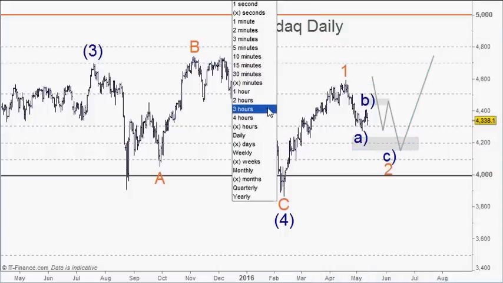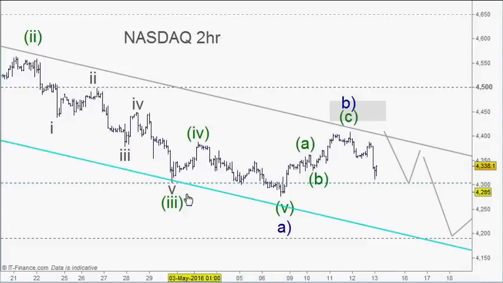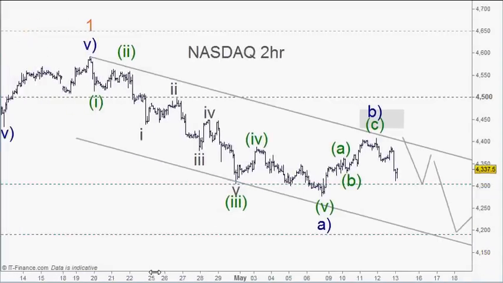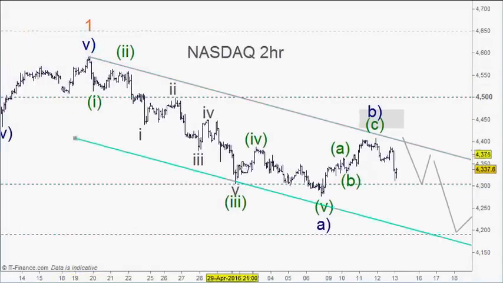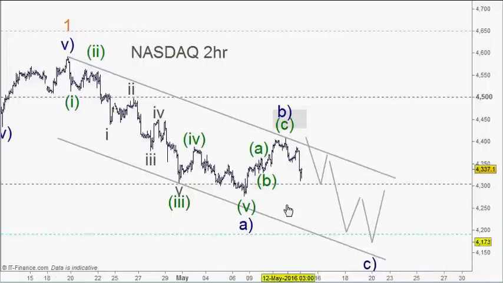So on the 2-hour chart here, we had a really lovely 5-wave structure to the downside, and that really helped us a lot with the S&P 500, because this 5 waves down would have to play out with another 5 waves down here after we've got our correction to around this point here. So in this case, this wave could be shorter than this particular one here.